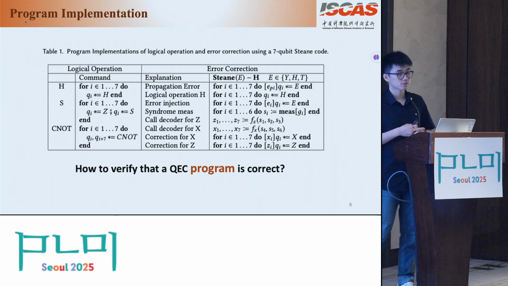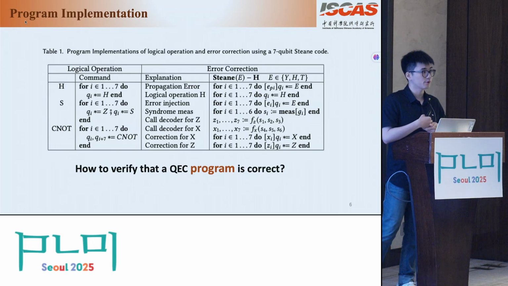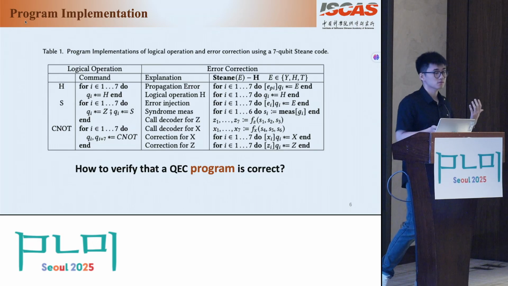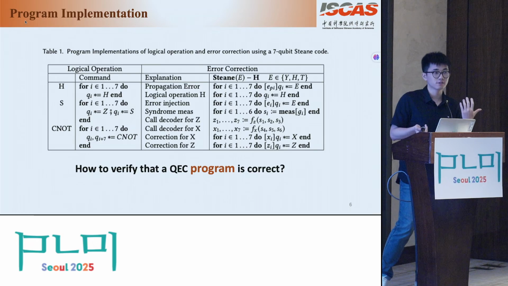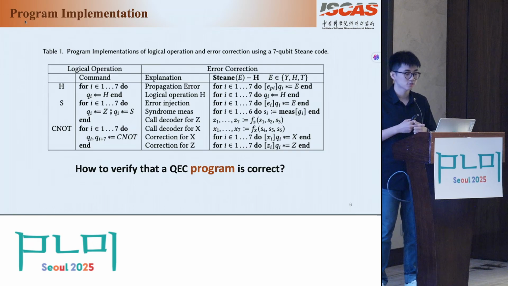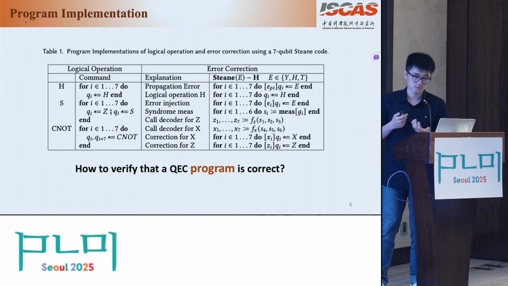Now we are going to consider the description of error correction procedures and logical operations. One high-level way to describe this is via imperative quantum programs. Here we adopt a classical-quantum program language and implement the error correction procedures and the logical operations.